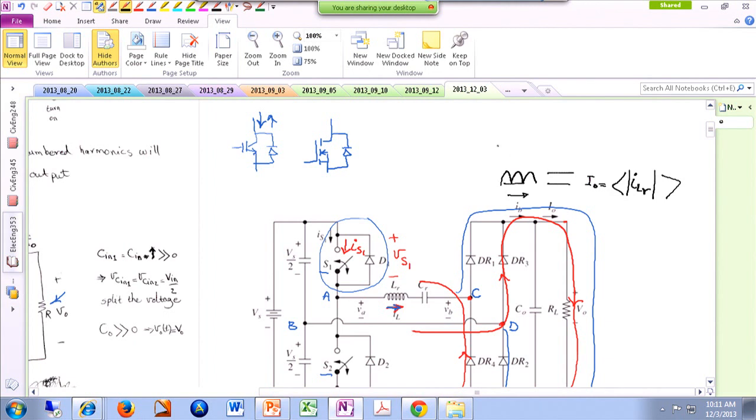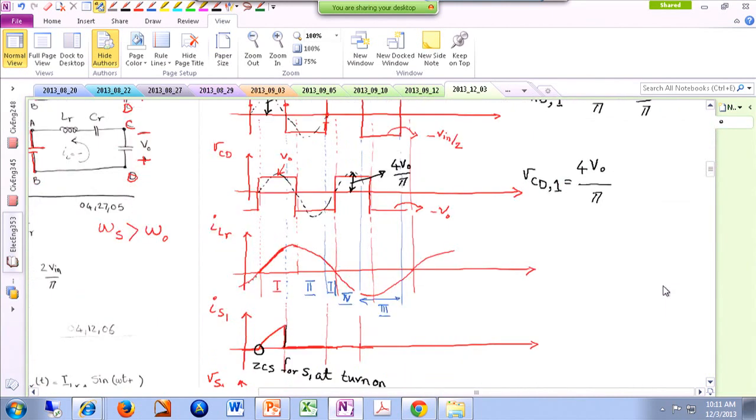So this is rectified ILR, and this is Iout, and this is ILR. So ILR first gets rectified, so you get the absolute value, and then you get the average value of that. Therefore, you get a relationship like this over here.